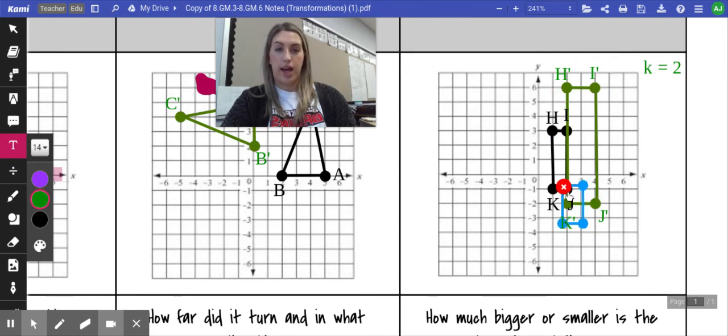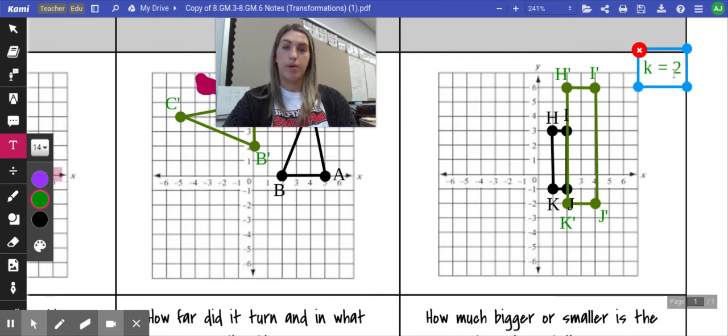I to J is 1, 2, 3, 4 units. I prime to J prime is 1, 2, 3, 4, 5, 6, 7, 8 units. So it goes from 4 to 8, which means it multiplied by 2. So you can also look at the length of each side, and that will be affected by your scale factor as well.